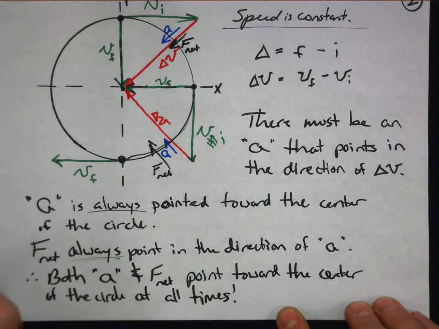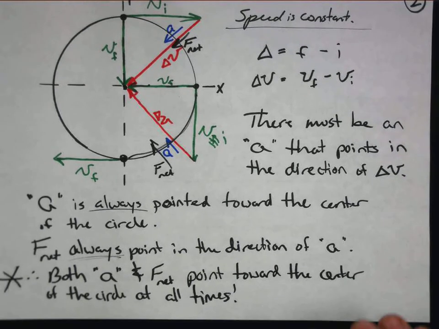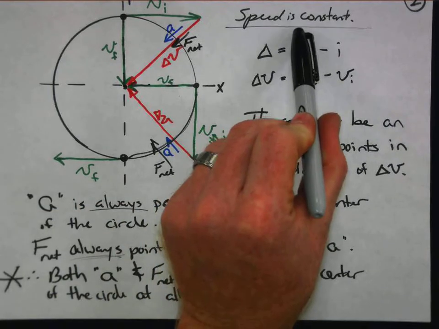So that's an important statement. Something real important to understand. The direction of the acceleration, the direction of the net force will always be toward the center of the circle for any object that is moving in what's called uniform circular motion, or moving in a circle at a constant speed. Okay.